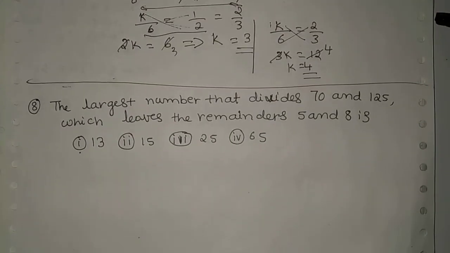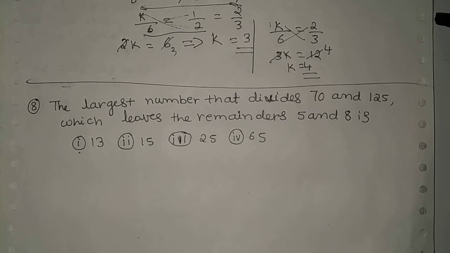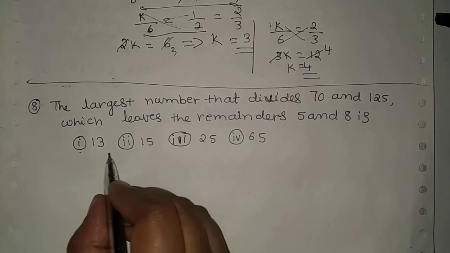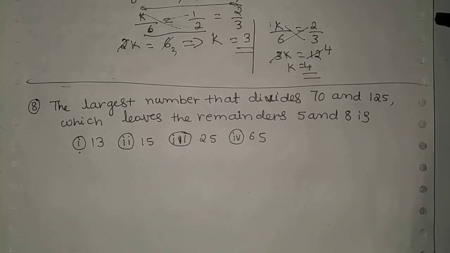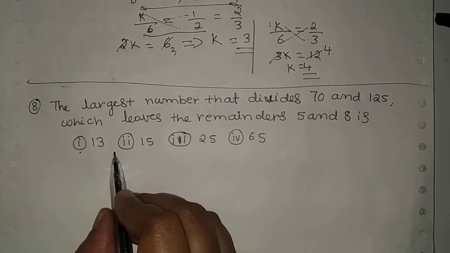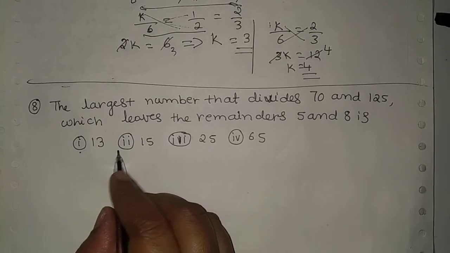So now we move on to the eighth problem. The eighth problem is, the largest number that divides 70 and 125, which leaves the remainders 5 and 8, is. So we have to take these numbers, the options are given. So here we have to find the number.